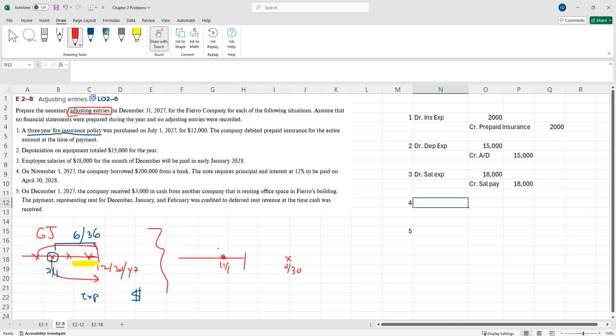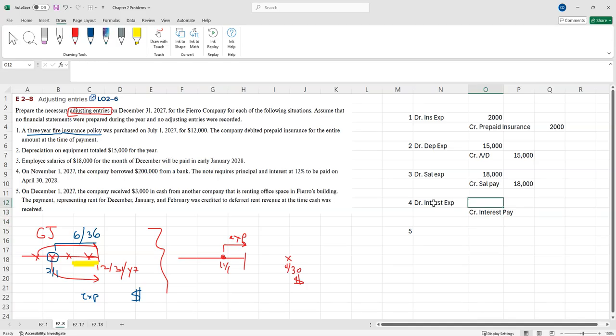But what we now have to do is accrue the interest expense for the period. So this is going to be an accrued expense, because we will have the expense first, but we'll only pay it over here. First we'll work on the journal entry: debit interest expense, credit interest payable.